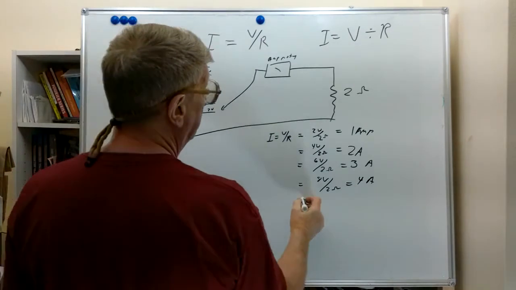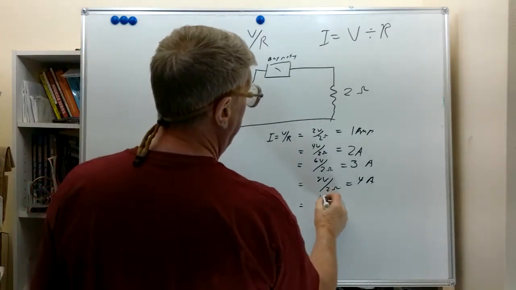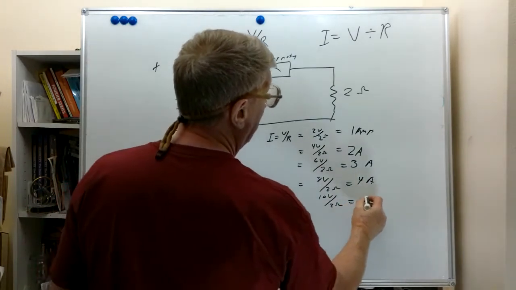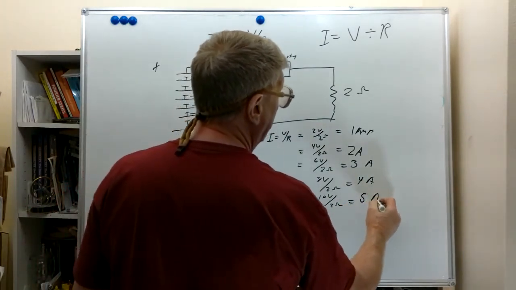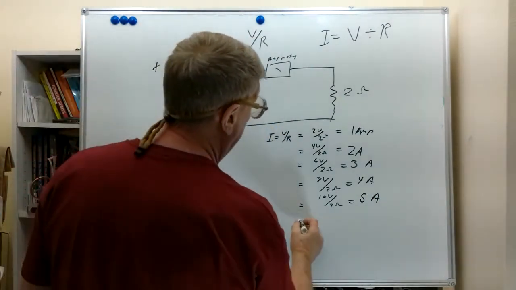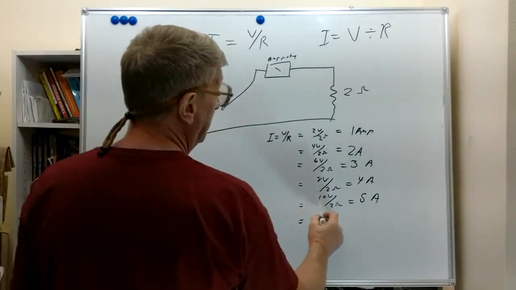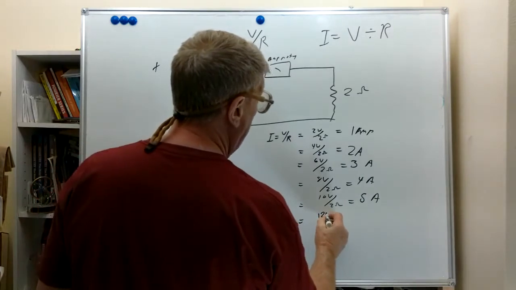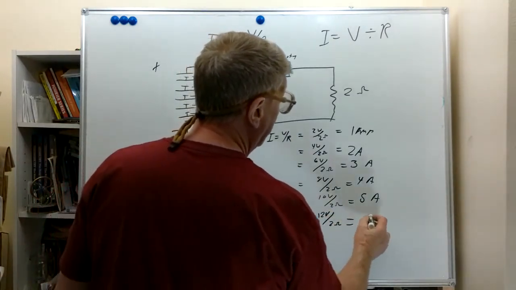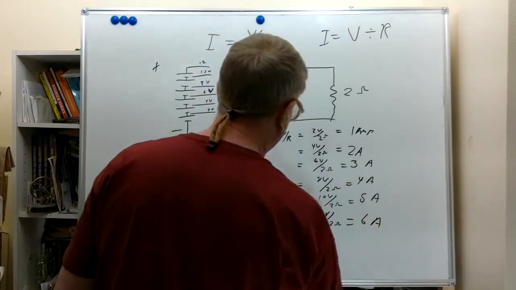The next position, 10 volts divided by 2 ohms would give us 5 amperes. And in the final position, we move it all the way up to the 12 volt tap. We would have 12 volts divided by 2 ohms, and that would give us 6 amps.